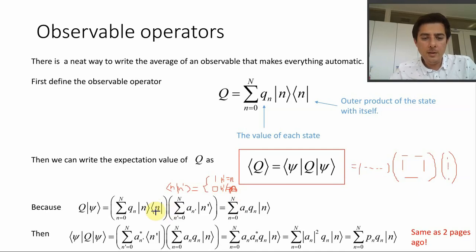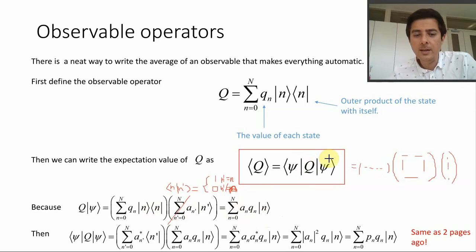So that means that the only term in this sum that will survive is when n is equal to n prime. So then that actually kills one of these sums, and we get just the single sum where n prime is equal to n, and this is what we've got left over. Okay, so that's the first part here, the Q times the psi.